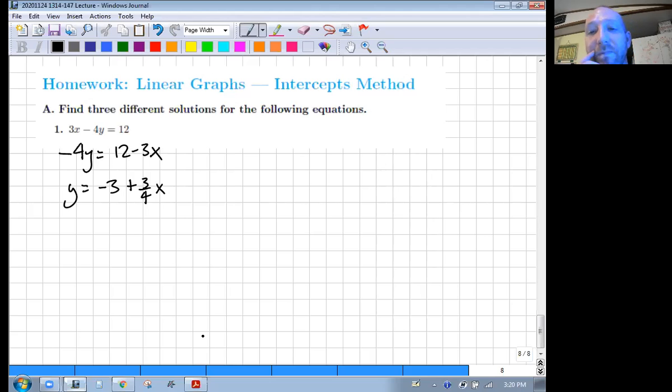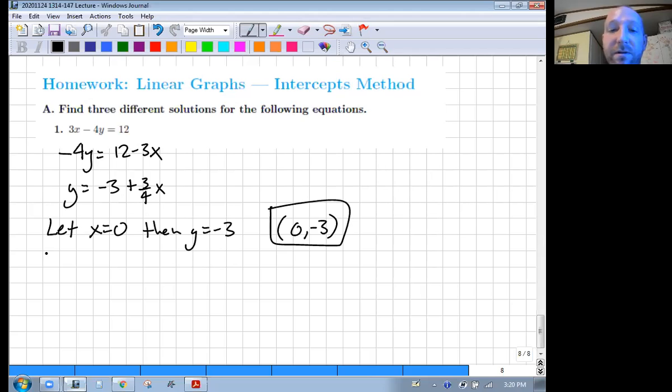All right, so to find 3 different solutions, the quickest two is let one of the variables be 0, right? If x is 0, then y is negative 3, right? So 0, negative 3 is a solution. What about if we let y be 0?